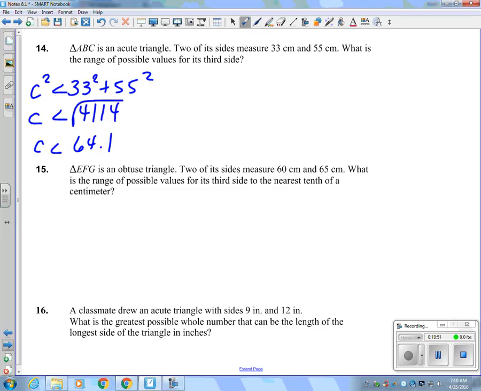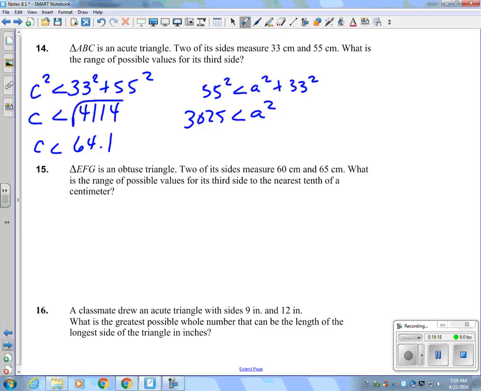We also could think about the fact that maybe 55 is the biggest number. And so we could say 55 squared equals A squared plus 33 squared. And not equal to. Still looking for less than. I keep forgetting that, because we're looking for an acute triangle. So 55 squared is 3025.